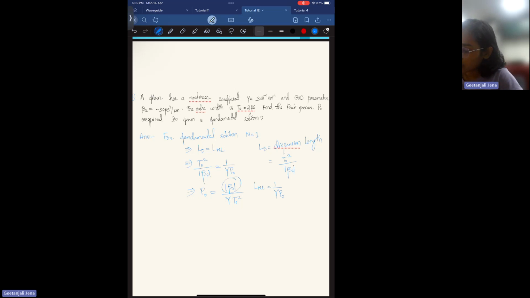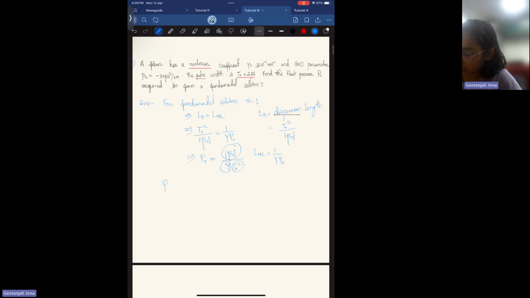All of these parameters are already given for the fiber. Beta 2 is minus 30 picosecond square per kilometer, so it is an anomalous dispersion region, and beta 2 is negative here. Gamma is 3 per watt per kilometer, and T0, the pulse width, is 2 picosecond.